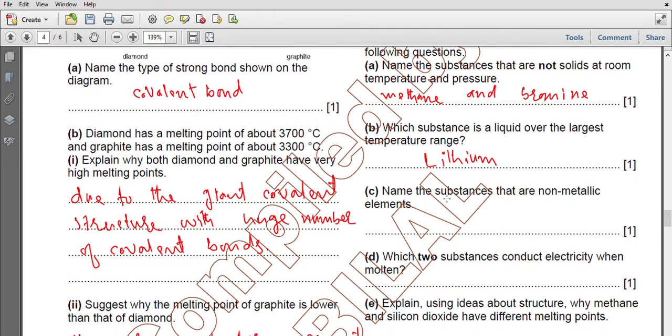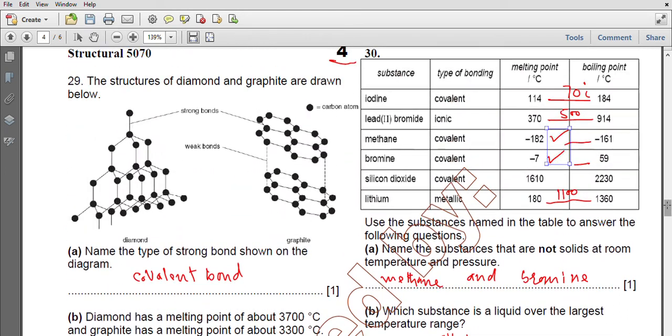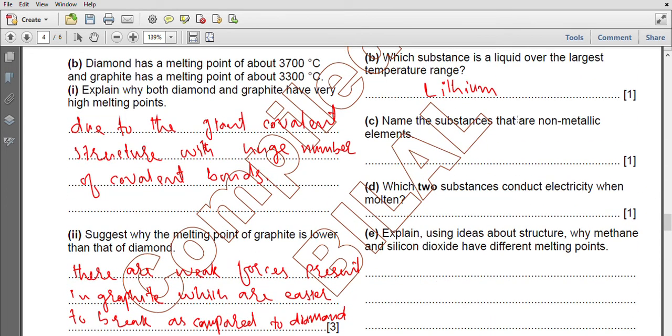C part, name the substances that are non-metallic elements. Again we have to choose from the periodic table and from this information. As we discussed, all those present to the right side of the staircase in the periodic table are always non-metallic elements.